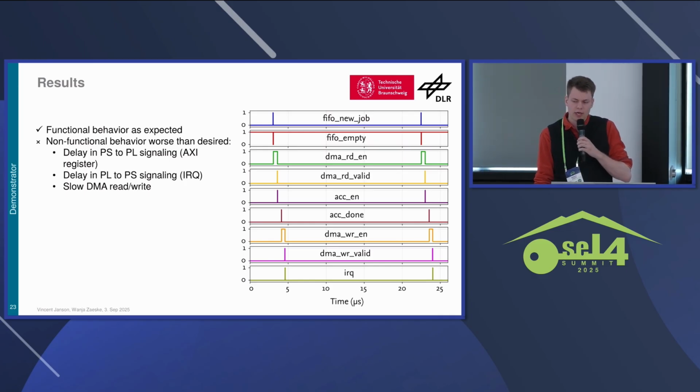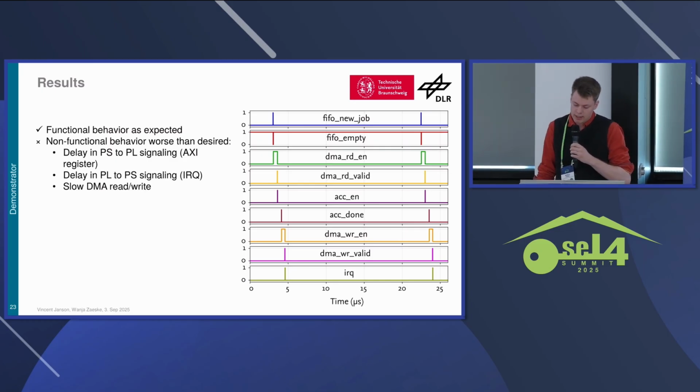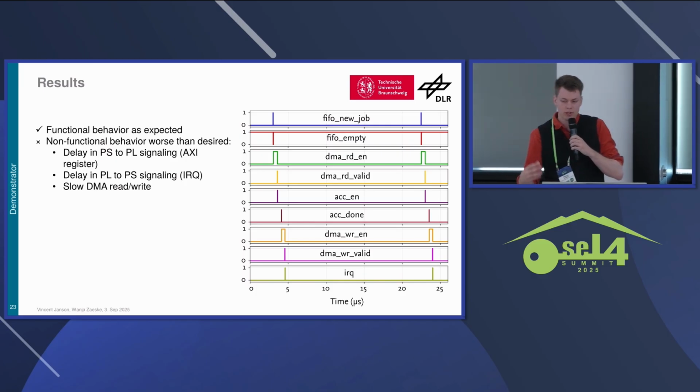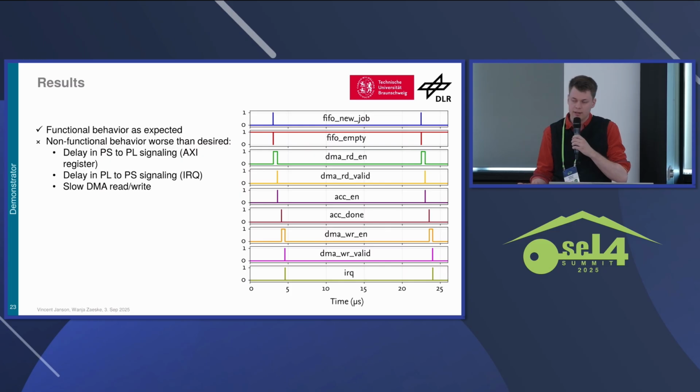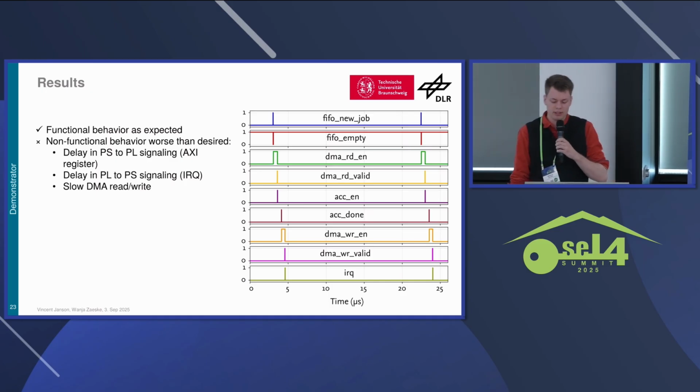So it took more time for the FPGA to notice that something needed to be done than we hoped for. At the same time, we also ran into some issues with backwards propagation, so the interrupt signal, which needs to be created by the FPGA and then sensed by seL4, took longer than we anticipated to be noticed, and longer than it actually says in the TRM.